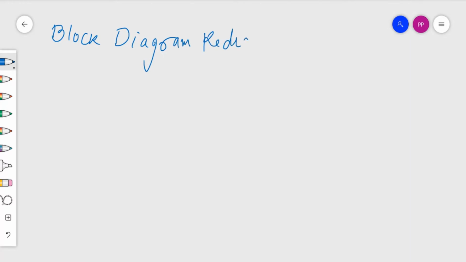Block diagram reduction technique is quite straightforward, and you can see that there are several basic ideas and basic techniques which combine together to work out a big complex system, to resolve it into a simpler form so that we can express the transfer function relationship between the input and output.